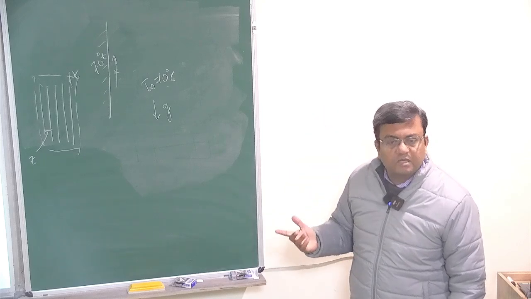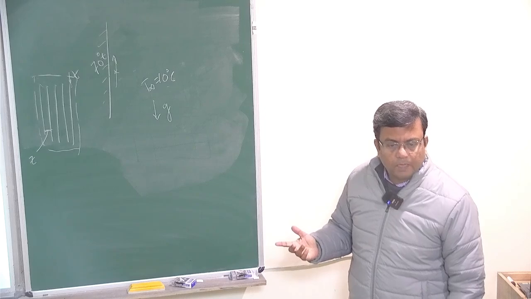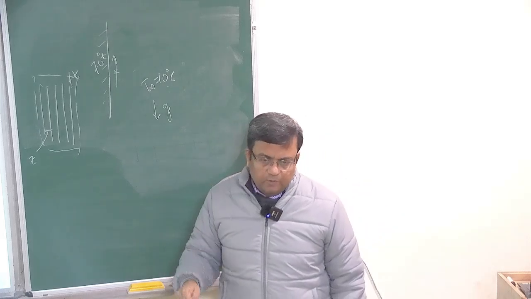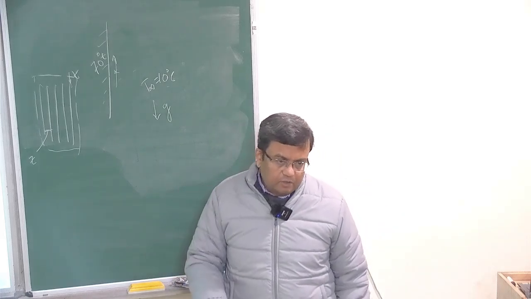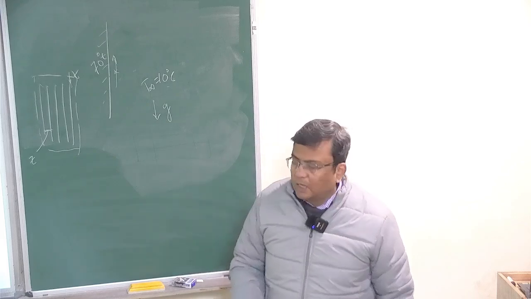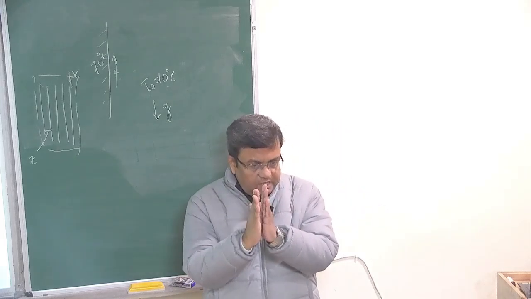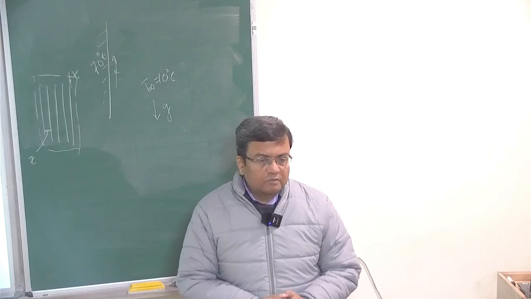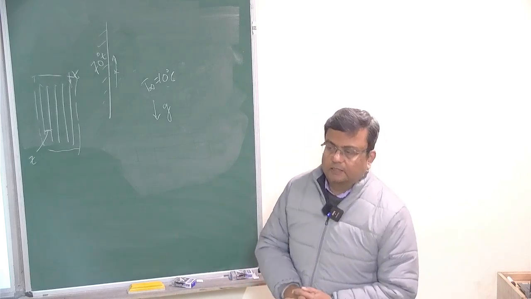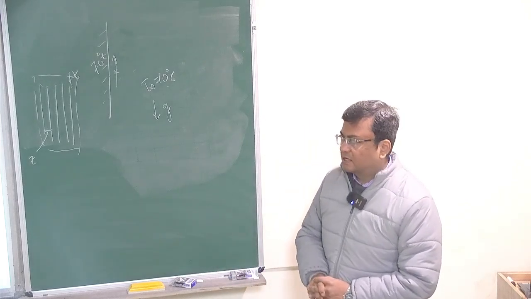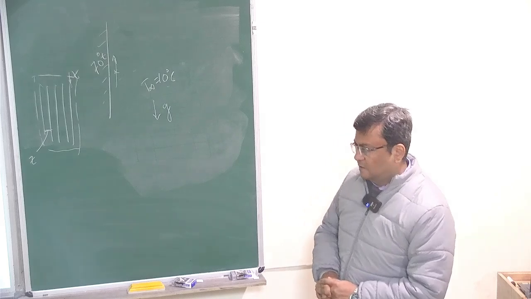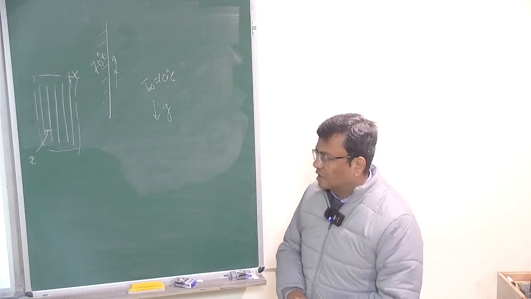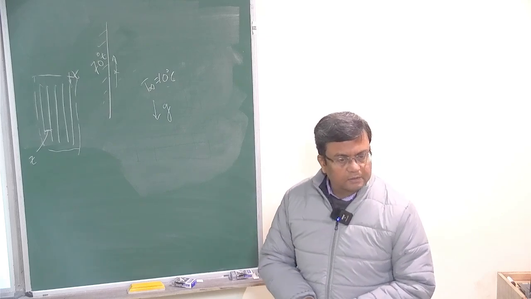So the buoyant forces are trying to push this up, and the viscous effect will try to bring this fluid down, right? So if you have too many of these channels, then the viscous effect will become quite strong, and this will become more problematic. Okay, so what we understand is very small channel spacing is not such a good thing, correct?